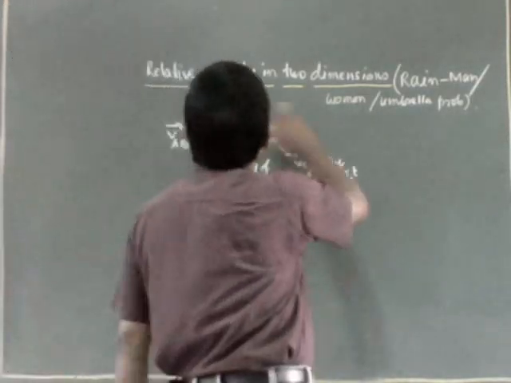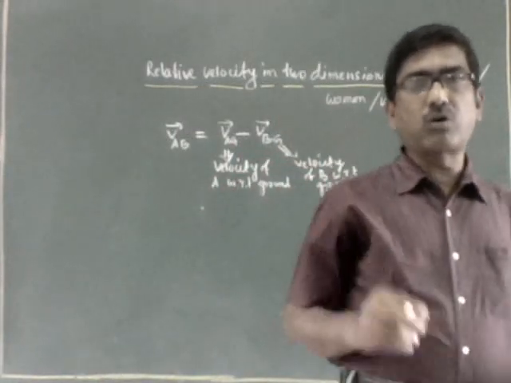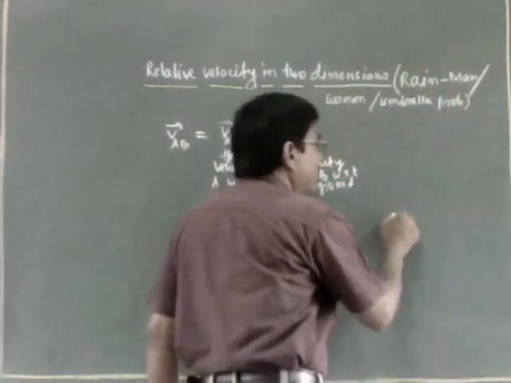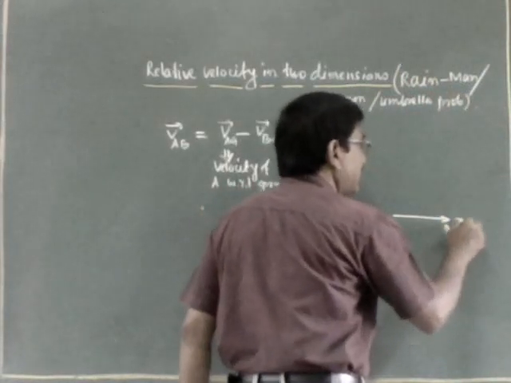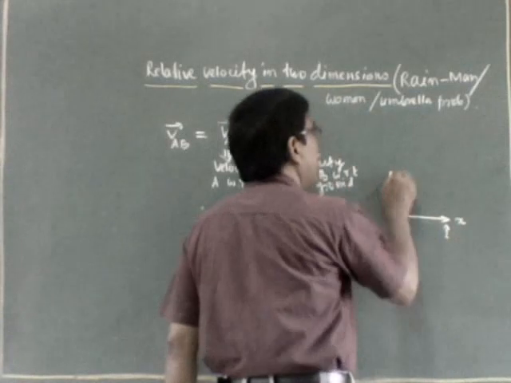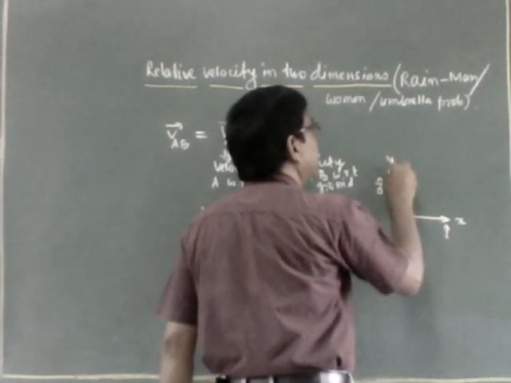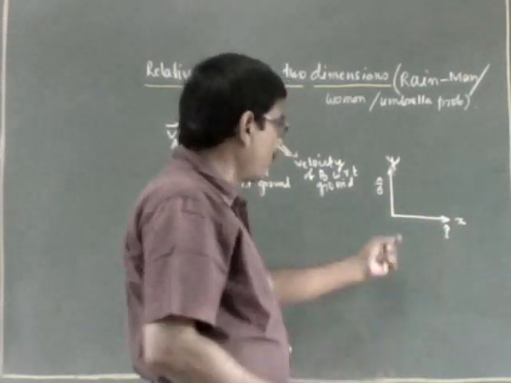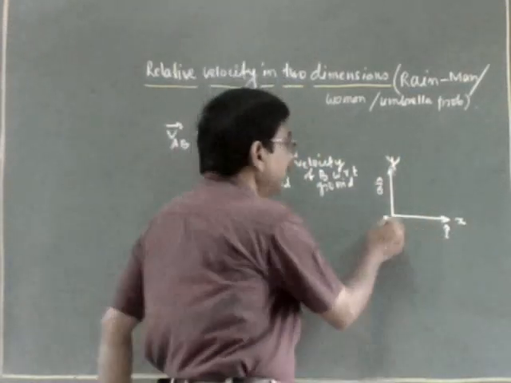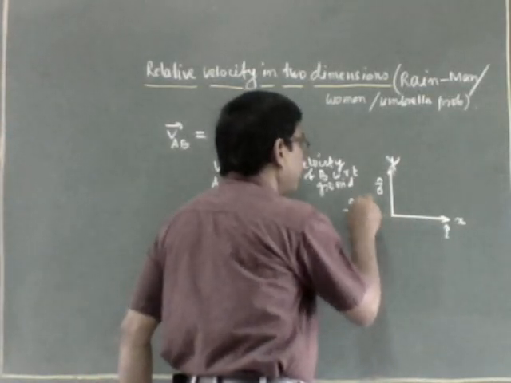And to discuss relative velocity in two dimensions, as I told you, the vector concept is required. So we will take plus i, the unit vector, along the positive x direction, and plus j along the positive y direction. In the negative x direction, we will take minus i.